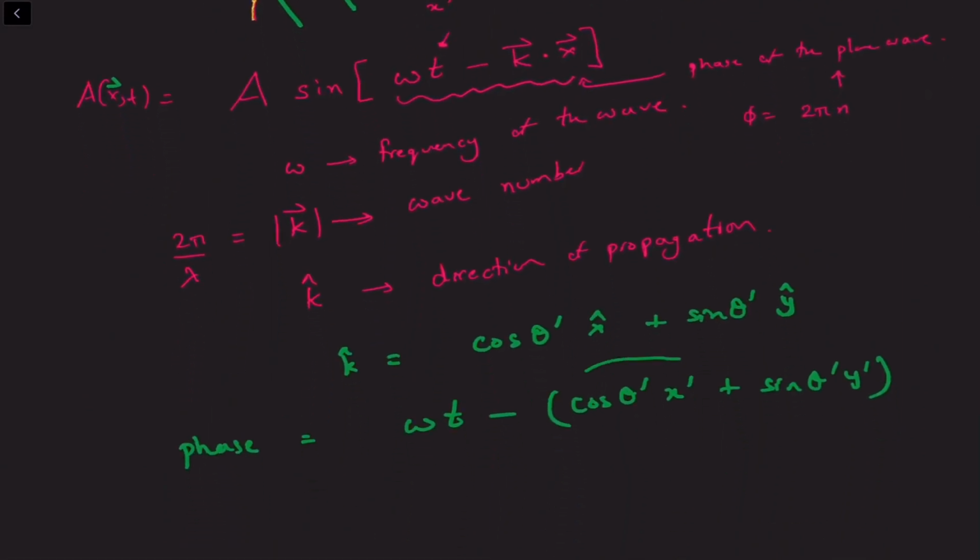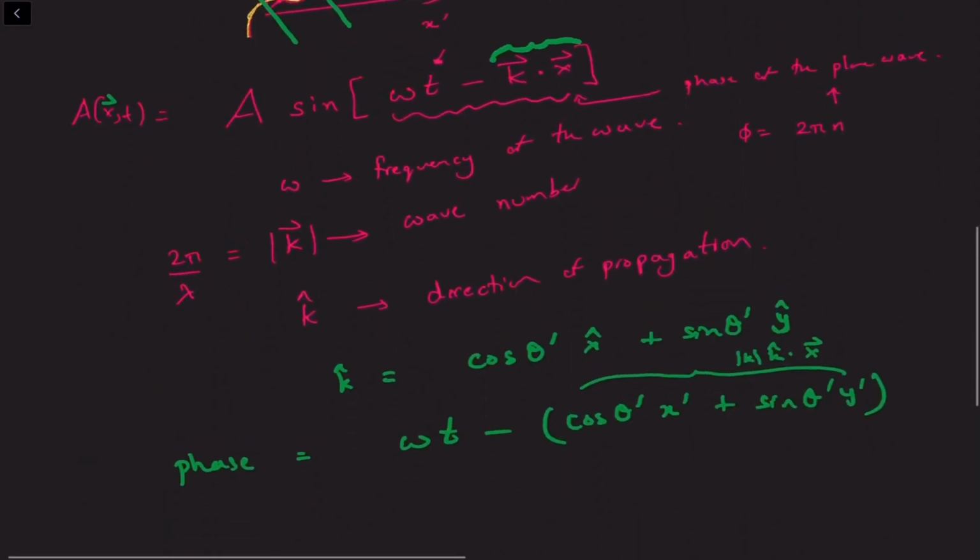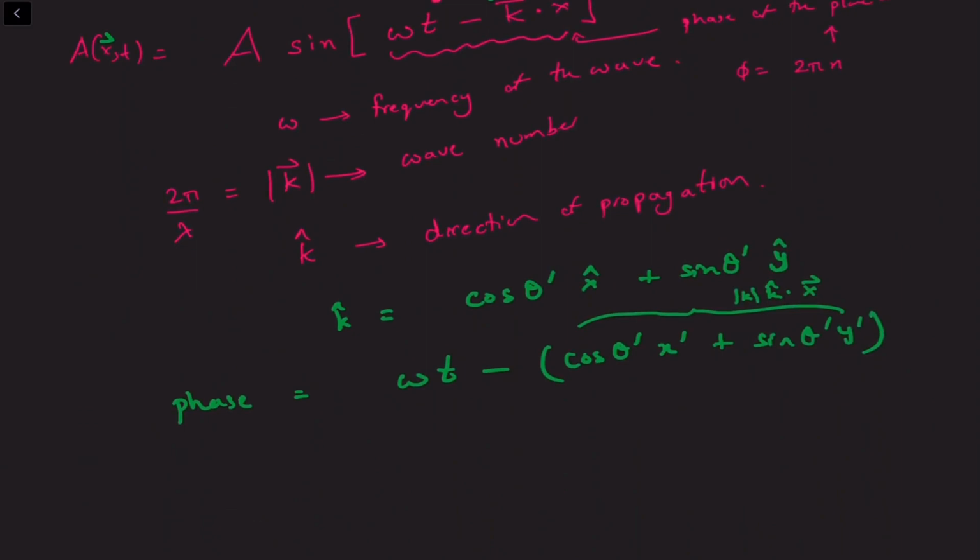This part here is k hat dot x vector. So I need to multiply this by the magnitude of k if I want to get this term. And the magnitude of k, as we've seen, is 2 pi over lambda.